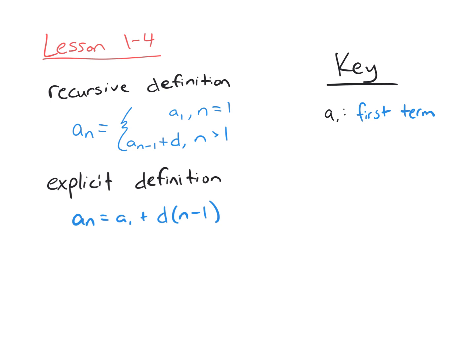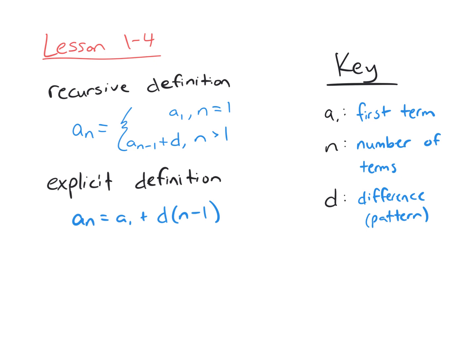What does n stand for? Number of terms. Yep, n is the number of terms. What does d stand for? Difference. Difference. What also helps us remember, that's the pattern that's happening.